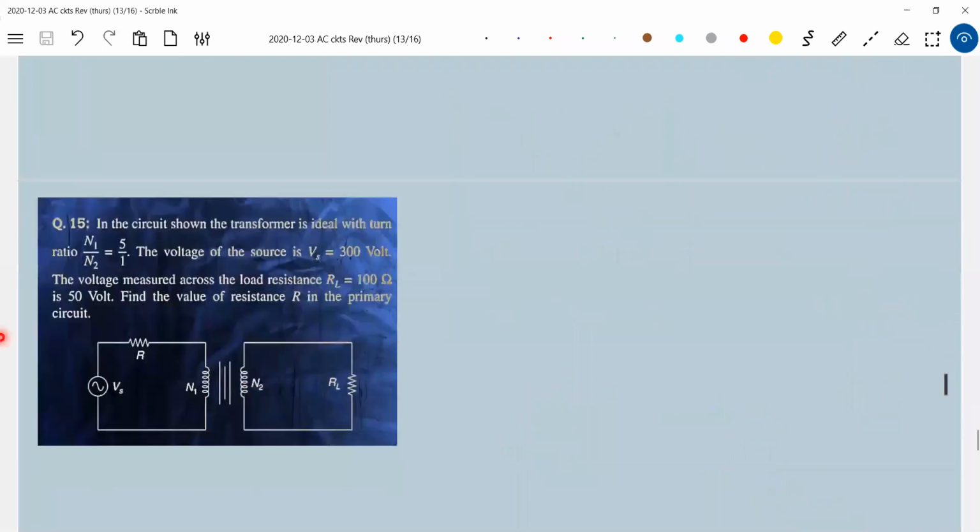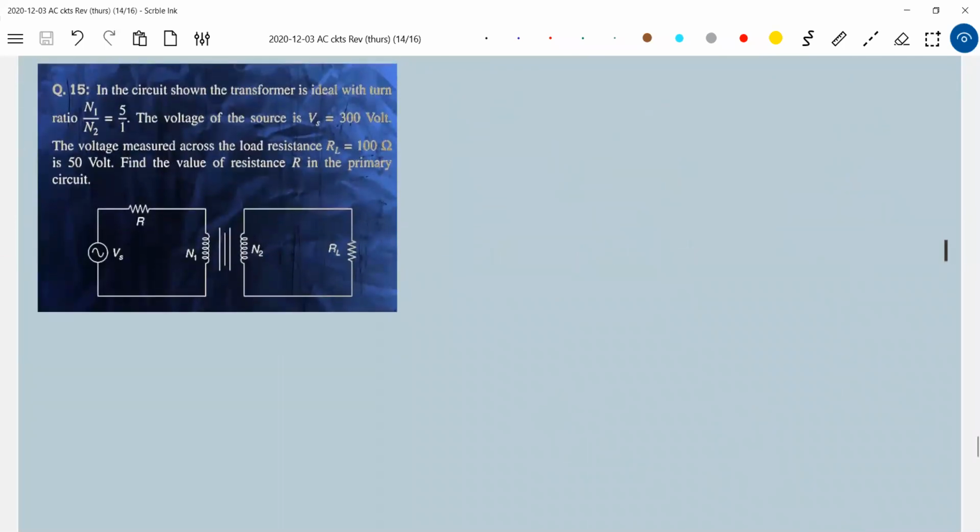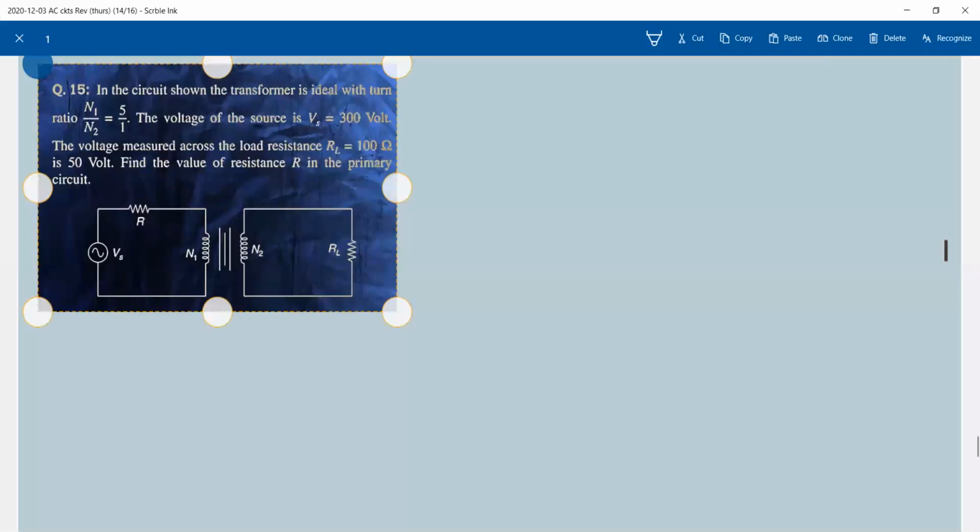Okay, let's take this. This is some transformer. Let me take the circuit. Even in advanced, they can bring a question like this.